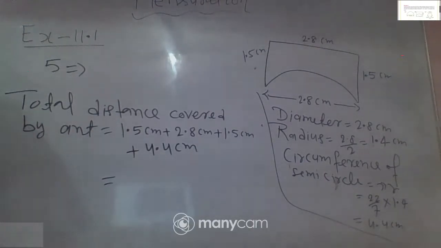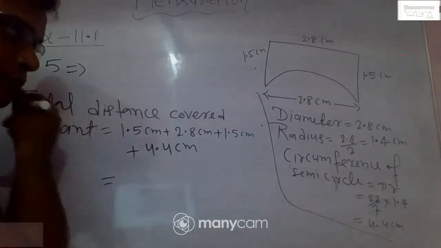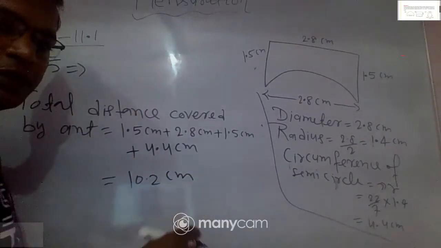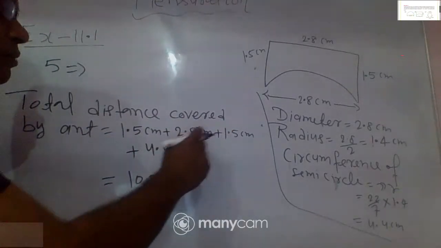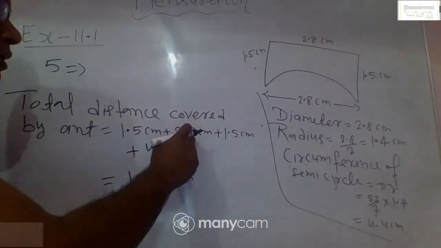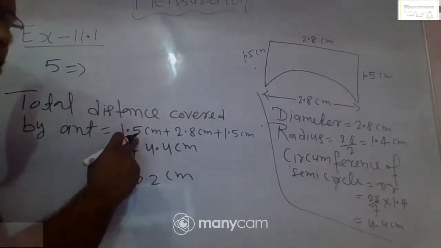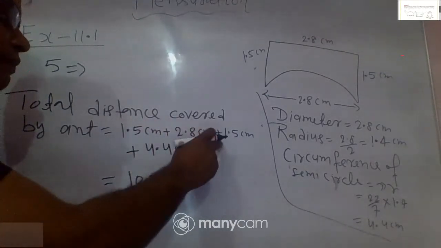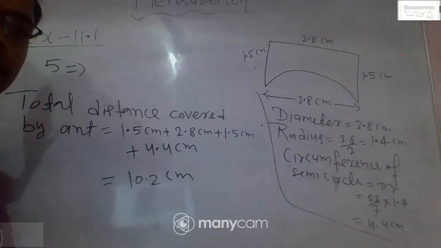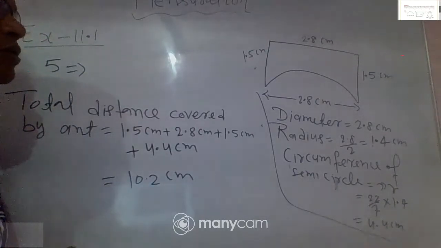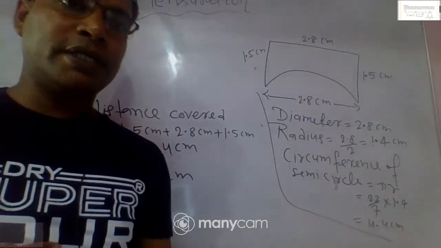Adding: 5 and 4 is 9, 8 and 9 is 17, 7 and 5 is 12... this is the total distance covered by the ant.